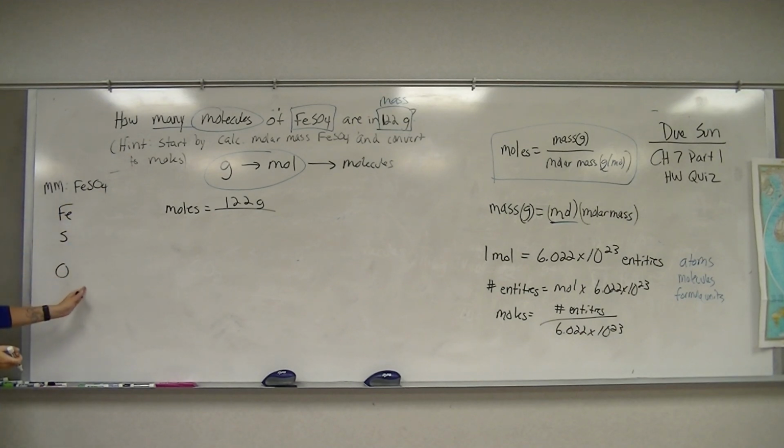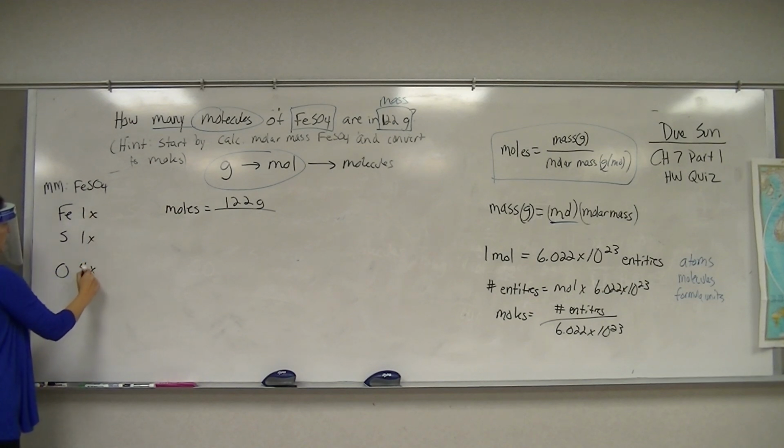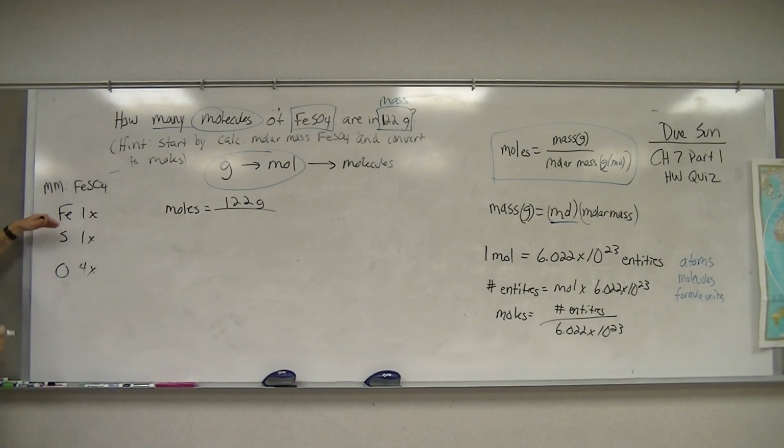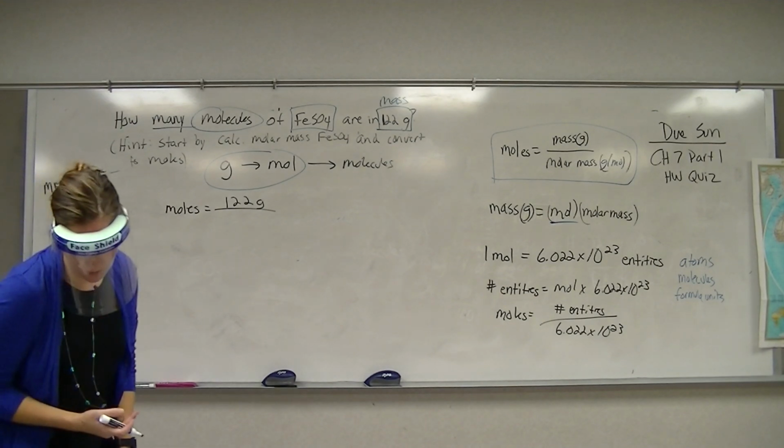The number of atoms of each, we're looking at the subscripts. So iron, 1, sulfur, 1, oxygen, 4. Then we multiply by the molar masses, or the average atomic mass on the periodic table. So for iron, we look up iron on the periodic table, and I don't know what that one is.